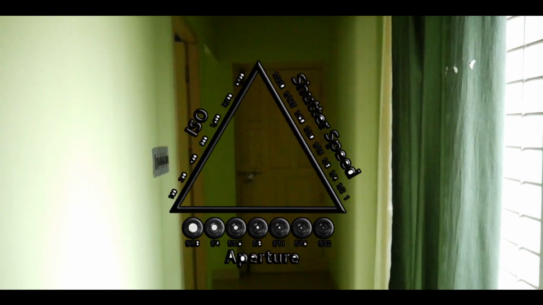Exposure that enters the camera is decided by three parameters: aperture, shutter speed, and ISO. These three parameters are together known as the exposure triangle. They decide the exposure that a photo has. Now let me explain the three different parameters in detail.